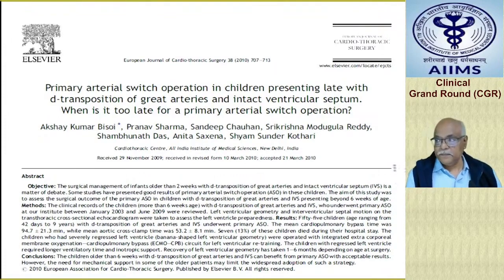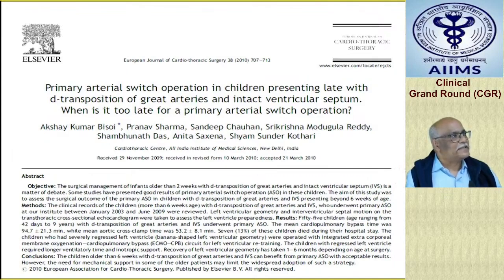and 1 ECMO also related to infection. So in this situation, we found that wherever we predicted that the baby was likely to require ECMO, we did surgery on the ECMO circuit in the OT and kept them connected and off, and then shifted to the ICU, so that in an emergency, if the resident feels that the patient is deteriorating, he has to just switch on.